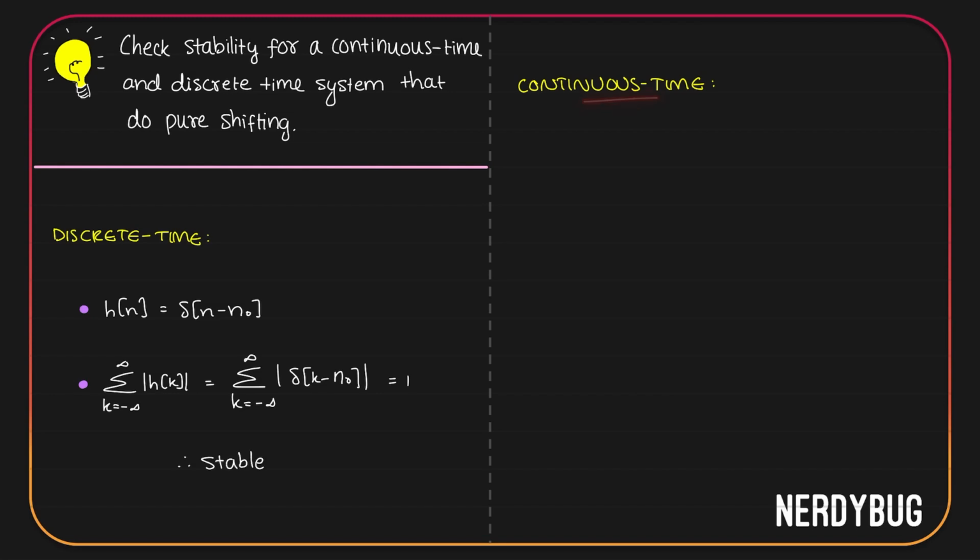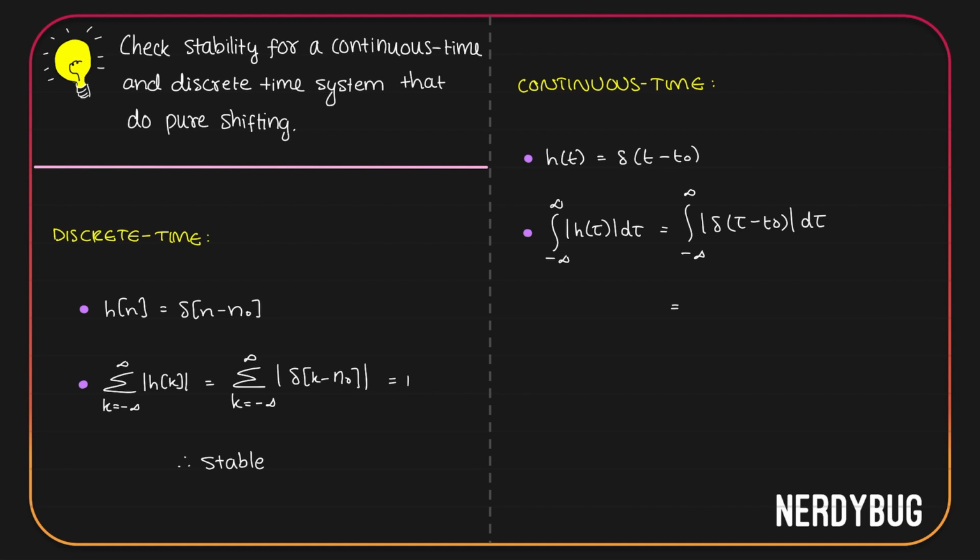Let us now check a continuous time system that does pure shifting. Its impulse response h of t will be delta of t minus t naught. To check the stability, we have to check if integral from minus infinity to infinity, magnitude of h of tau d tau is finite or not. This will be integral from minus infinity to infinity, magnitude of delta of tau minus t naught d tau.